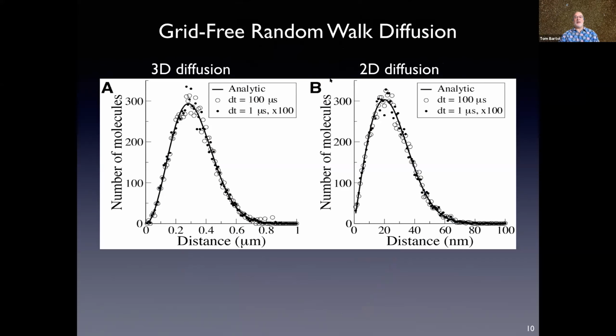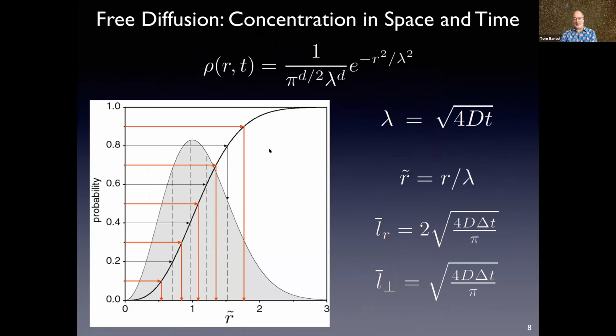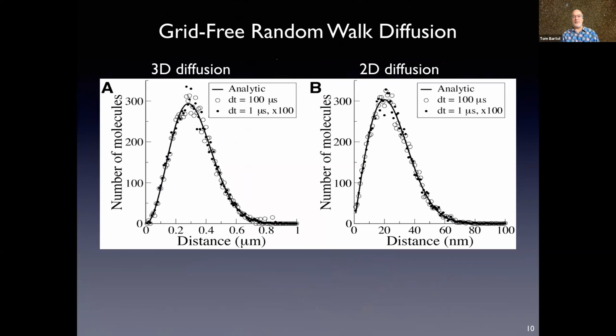Okay, so what sampling this and sampling this give us is what we call a grid-free random walk. Our random walk is not walking on a large scale lattice, like you might see in some random walk implementations.